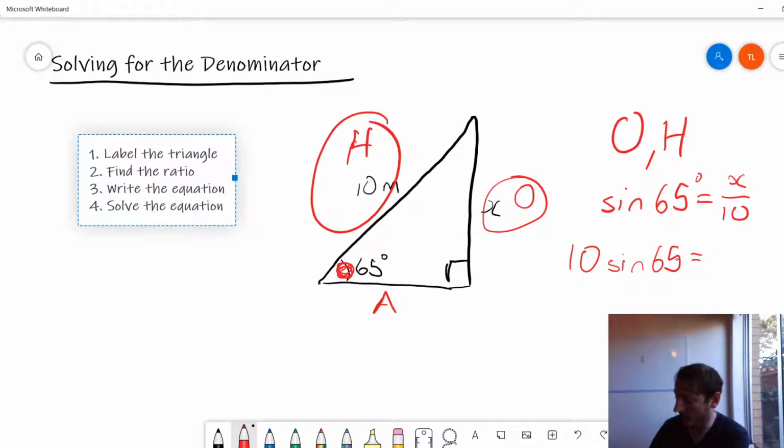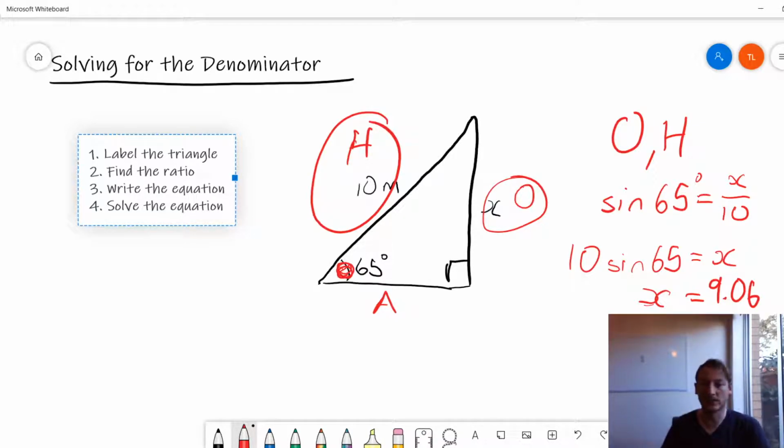So 10 sine 65 equals x. And then we just type that into the calculator and we'll get x equals something. So I've got my calculator here, 10 times sine 65. Let's go 2 decimal places, 9.06. And there you go.